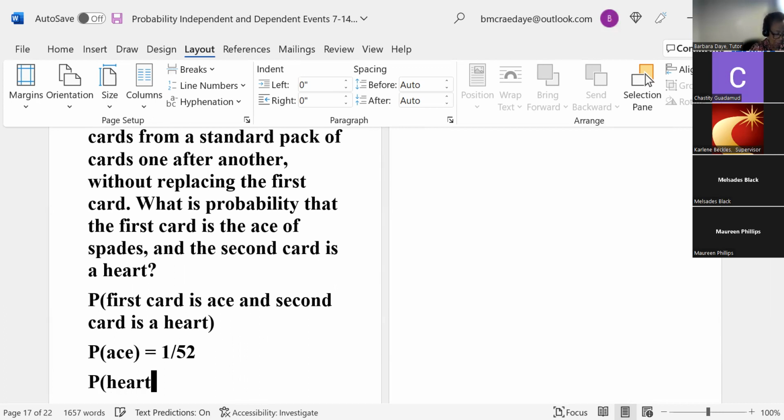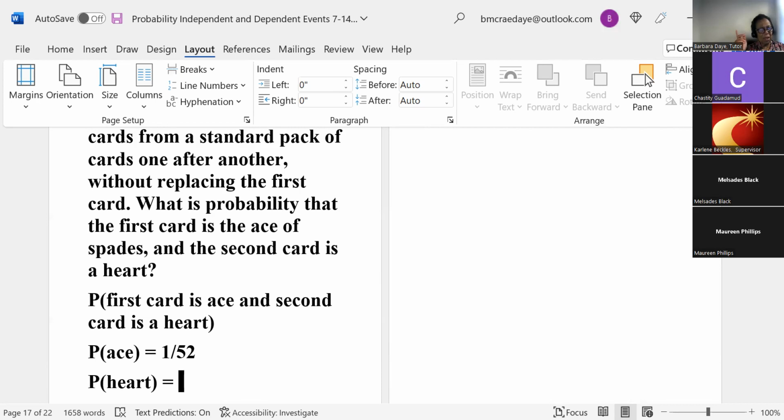So what's the probability of a heart? The second card is a heart. What would that be? 1/51. No, you only took out 1 card, so you're left with 51.